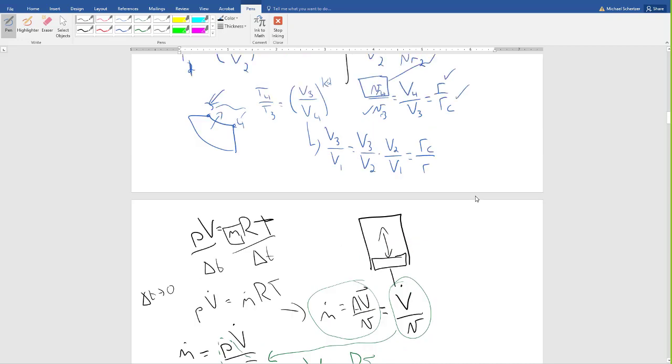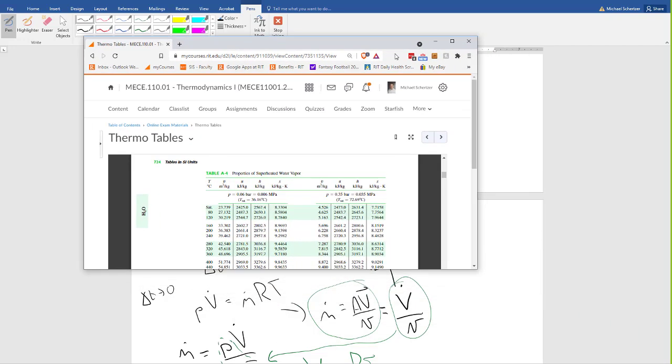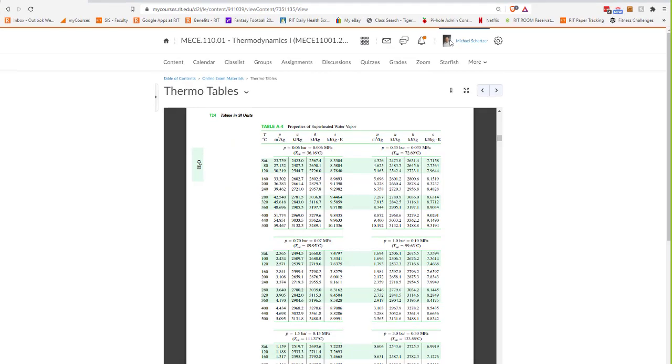In general, I'm not that concerned with uncertainty or error associated with getting that number, provided you're following the right process, right? So again, I'm grading the process.